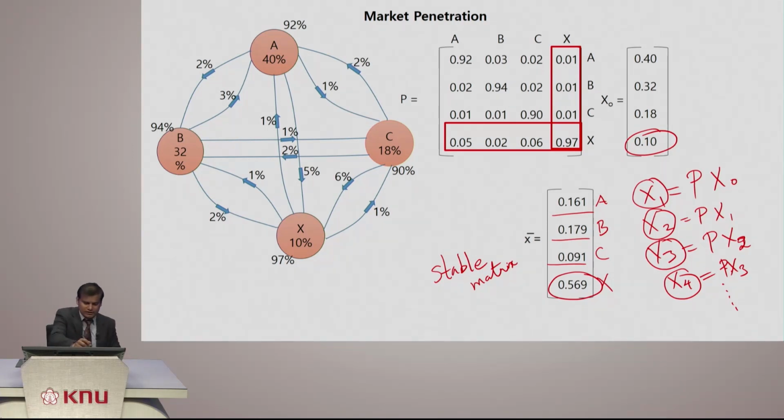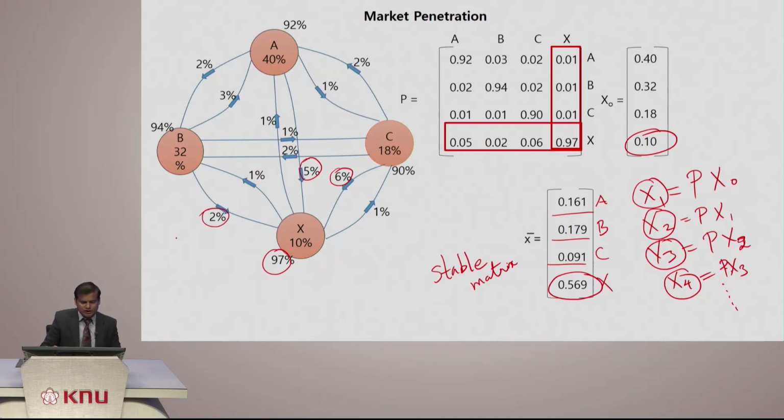One thing is the customers retained by X: 97% of customers were retained by X. The other is the number of customers moving in to X. For example, from C 6% were moving in, from A 5% were moving in, and from B 2%.